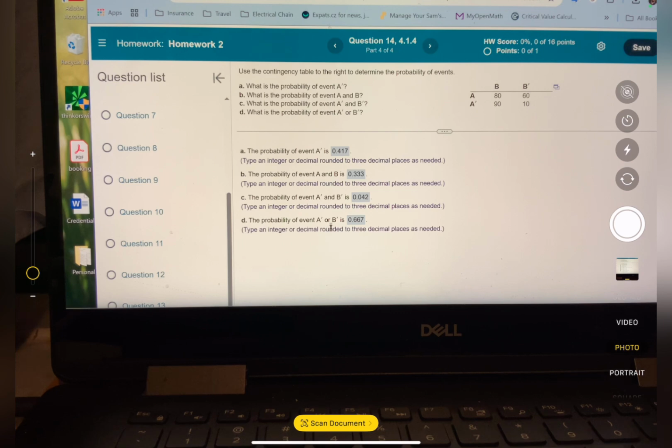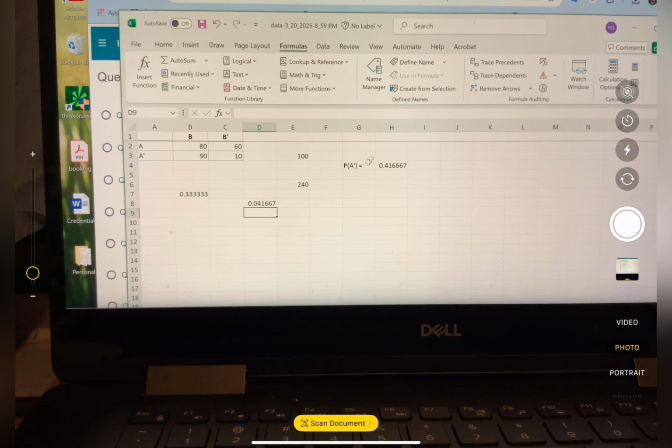And the probability of event A prime or B prime. When you have or, that means you need to find the probability of A prime and then the probability of B prime and then add them up. The probability of A prime, we have it here already. Now we need to find the probability of B prime.